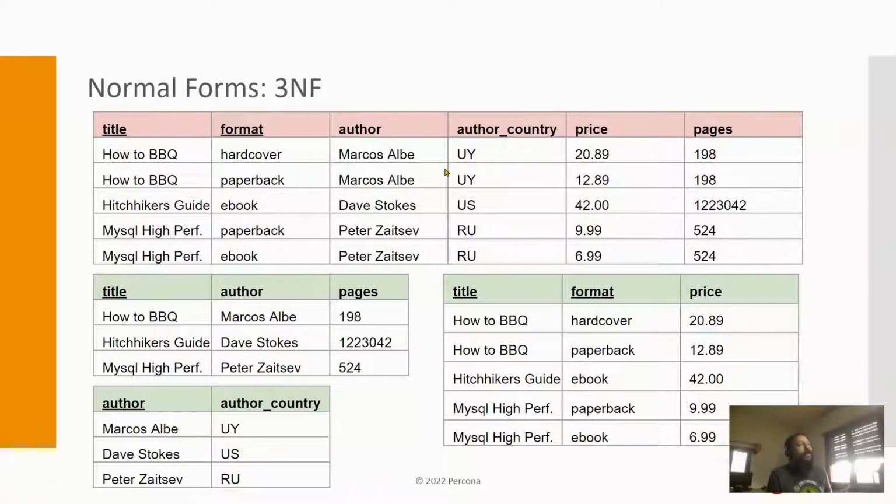So the right way to do this is, first of all, apply the second normal form and make title and format a primary key in a secondary, separate table. And here we will have the prices. Here we will have the books, and the books appear only once with the author only once, and the metadata about the book. Because the price is not metadata about the book, it's about the format for that book.